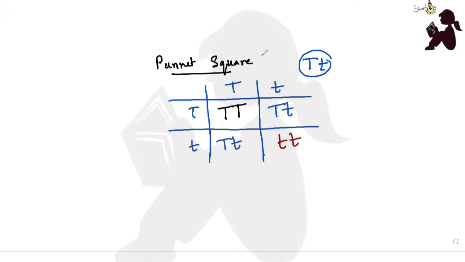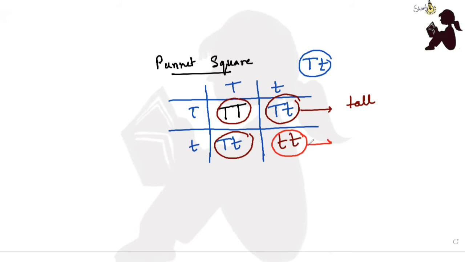Okay, so here capital T capital T, capital T small t, and capital T small t, all of them are tall, and the small t is the only trait representing the dwarf plant.